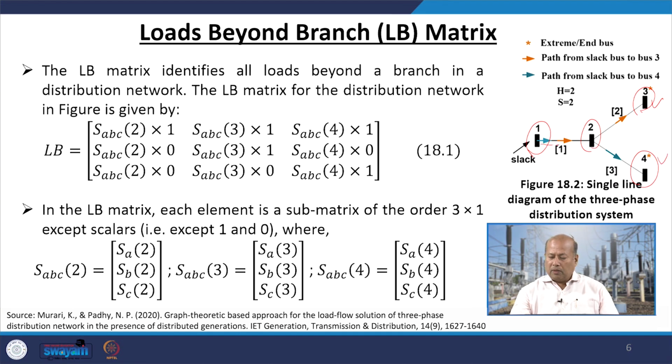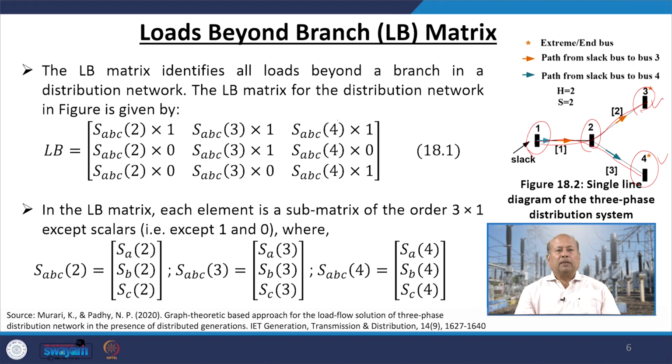This is the path from slack to bus number 3, and this blue one is the path from the slack to bus number 4. The LB matrix identifies all loads beyond a branch in a distribution network. The LB matrix for the distribution network in the figure is given by LB, which is SABC 2, 3 and 4.